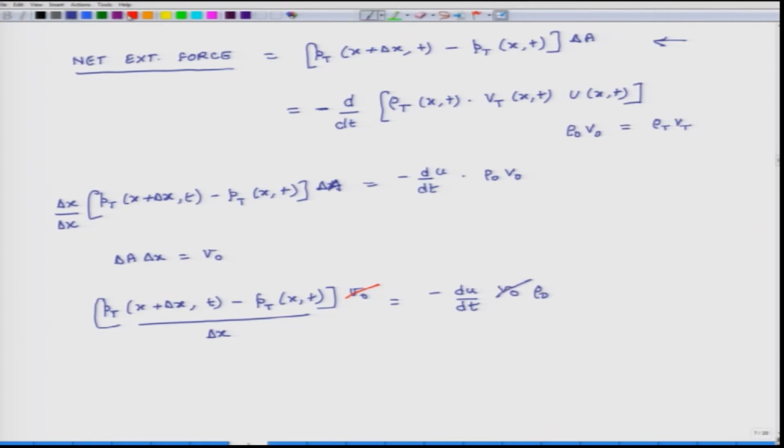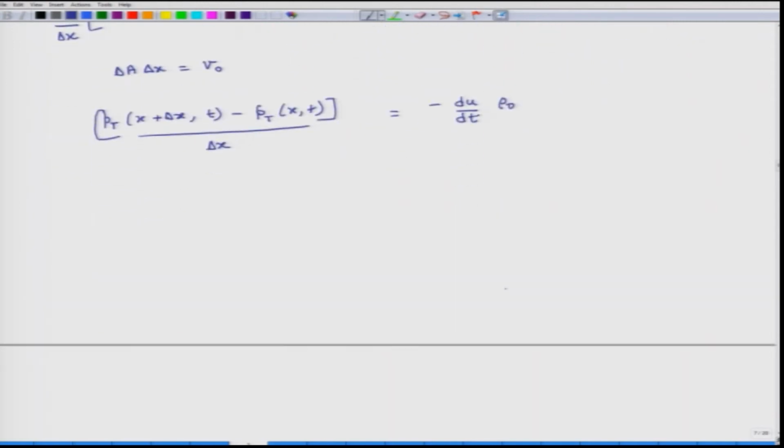So, V naught gets cancelled from both sides. So, what I am left with, this goes away, this goes away, and I am left with rho naught.